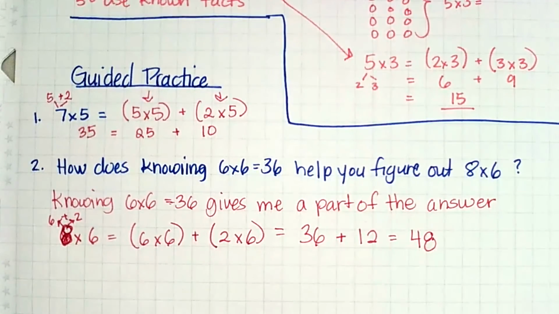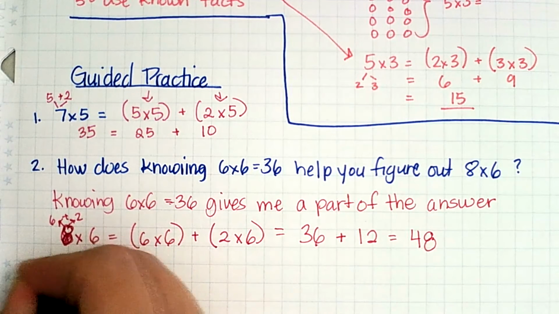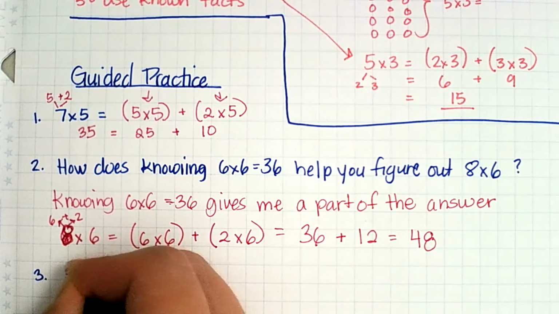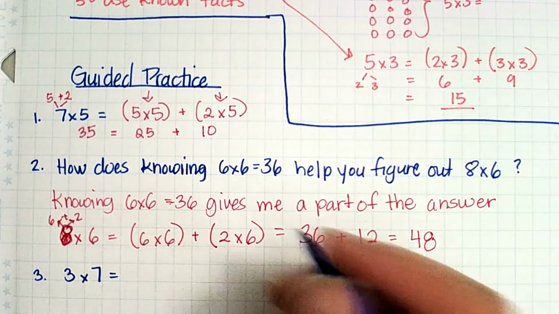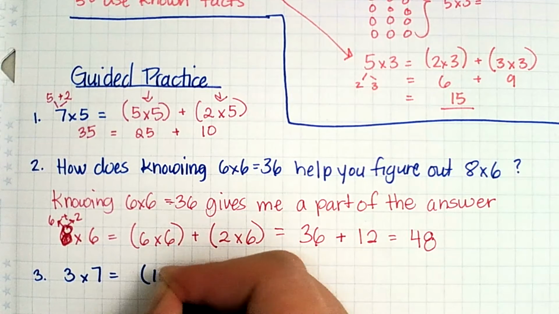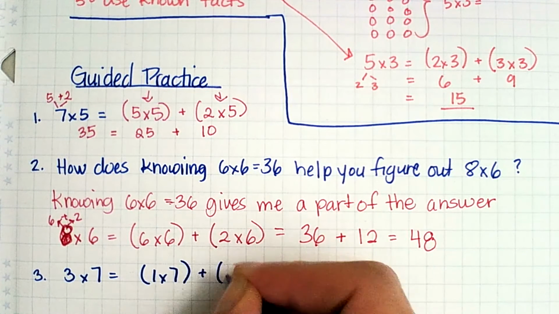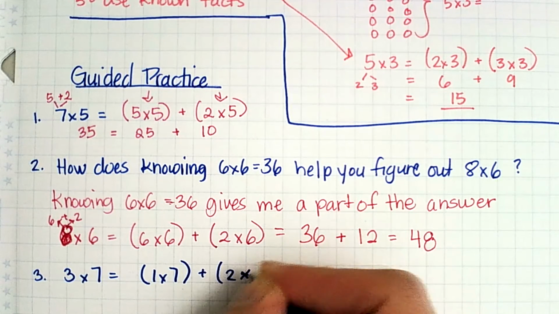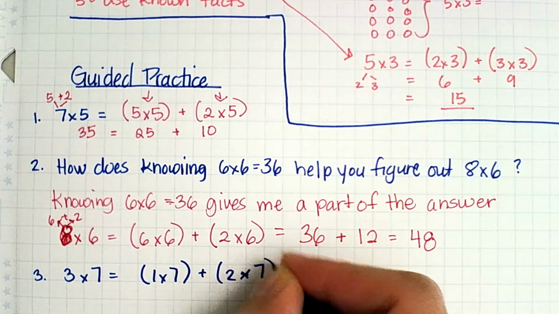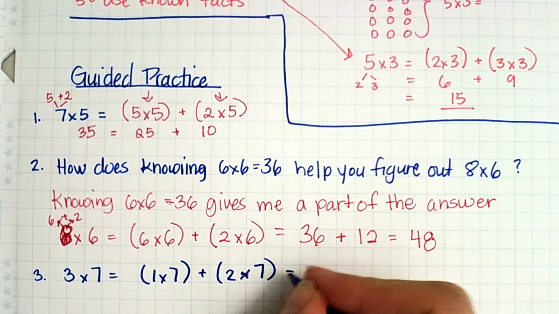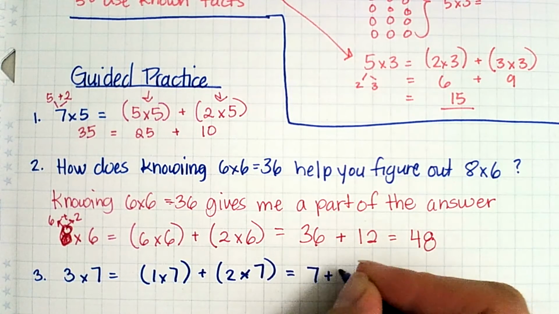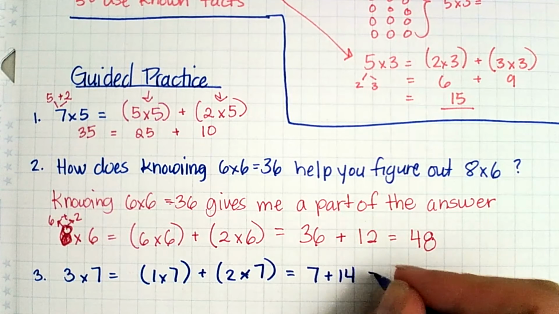All right, now for number 3. Number 3 is asking us, what is the product of 3 times 7? Now I can break this into 1 times 7 plus 2 times 7, right? Because 1 plus 2 is equal to 3. So that's the same thing as saying 7 plus 2 times 7, which is 14.